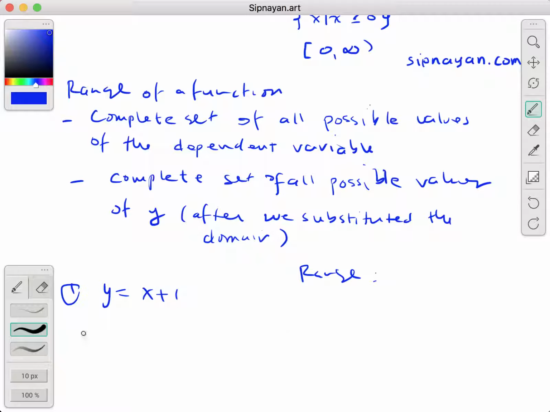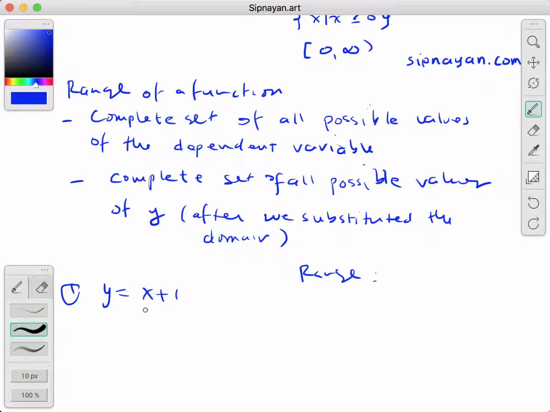So, sa number 1, ang range is real numbers kasi whatever value you put here, no? Pag sinet mo yung real numbers ito, lahat ng real numbers masasakop din ito. Kasi magpa-plus 1 ka lang naman eh. Kunwari, hanap ka ng 3 dito sa range, 2 plus 1, di ba? Magiging 3. Hanap ka ng 7.5 dito, 6.5 plus 1 is 7.5. So, kung ano man yung value dito, meron ka palaging equivalent.